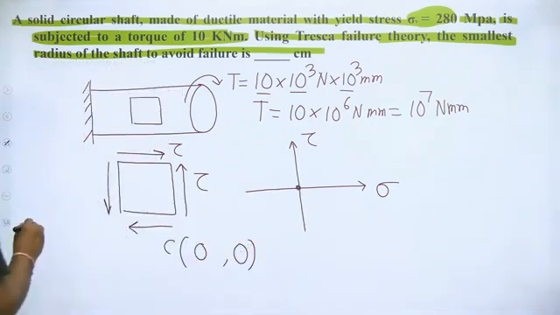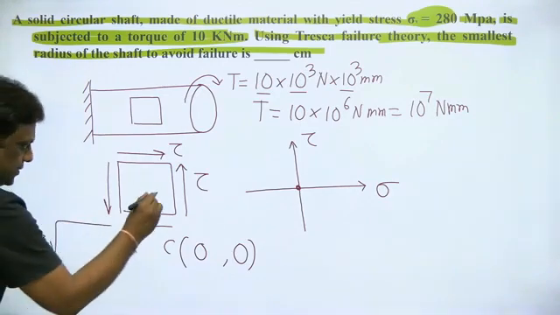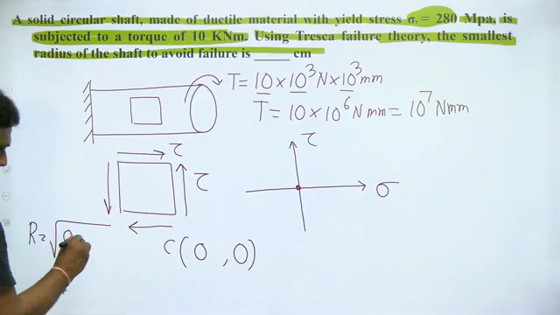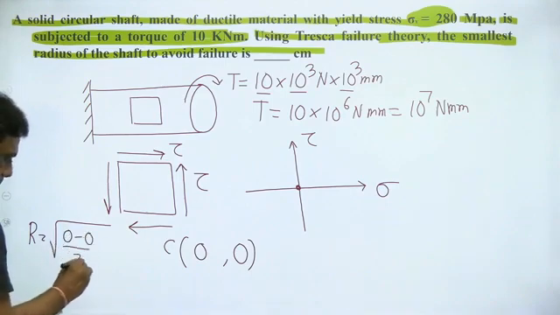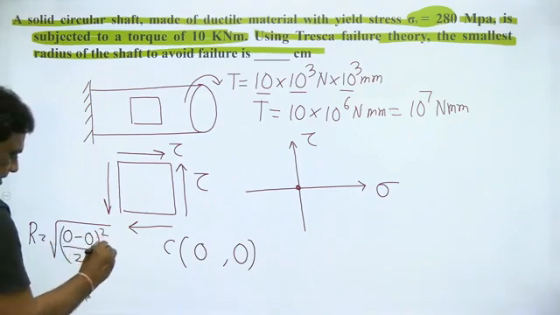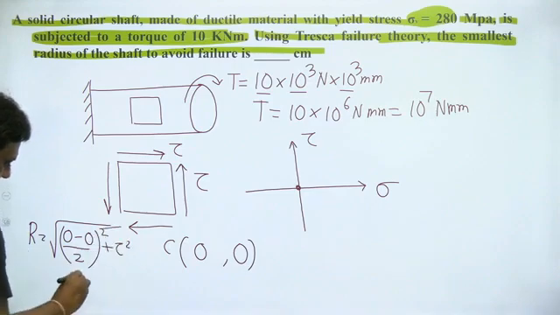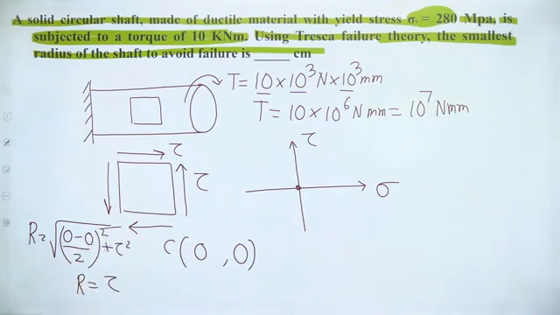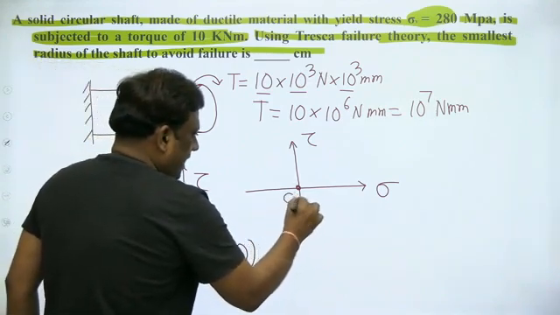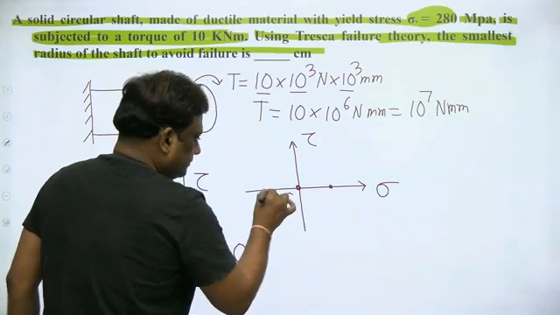Let's find out the radius. And the radius is under root of sigma x minus sigma y by 2 whole square, plus tau square, where there is no sigma x and no sigma y. So the radius is equal to tau. The center is here and the radius is tau.